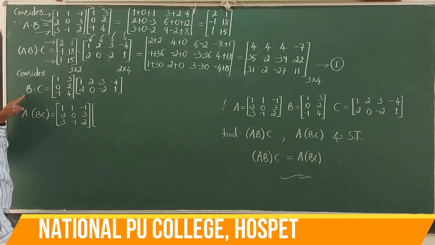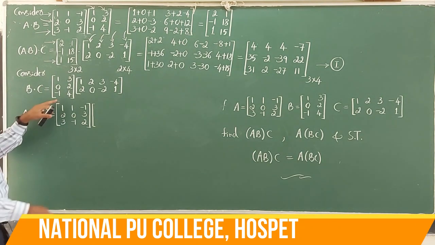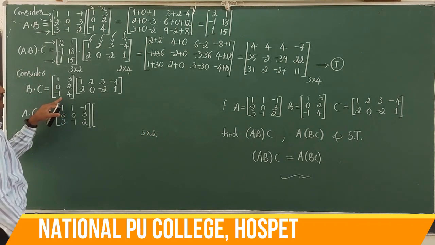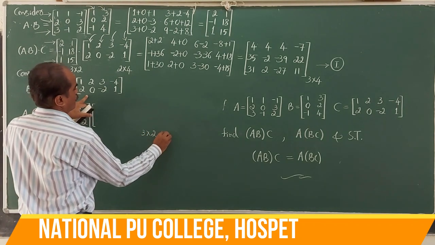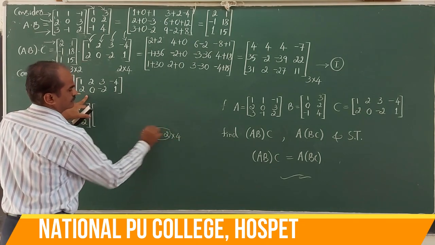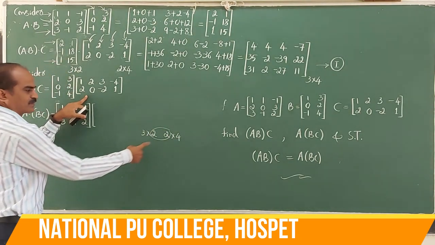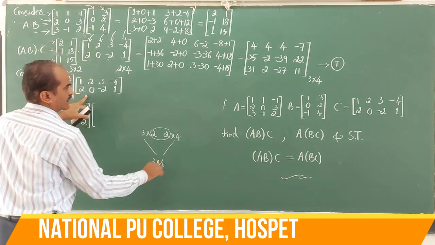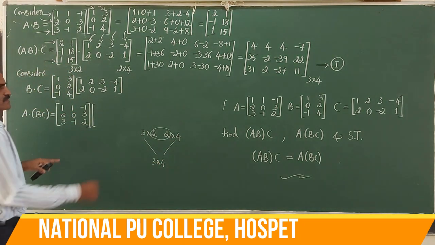Now let us consider B into C. B matrix is 3 by 2 and C matrix is 2 by 4. Condition for multiplication is satisfied. After multiplying, you are going to get a 3 by 4 matrix.